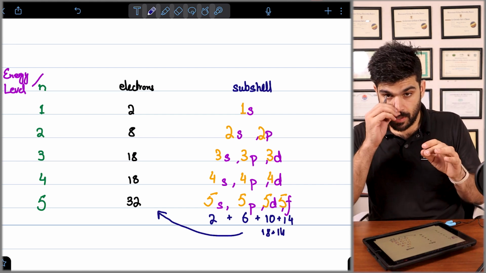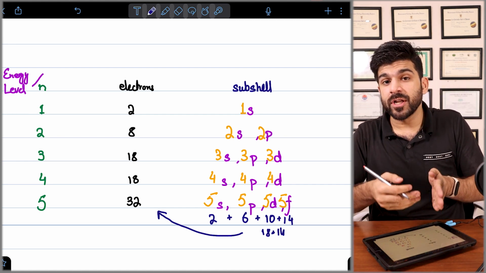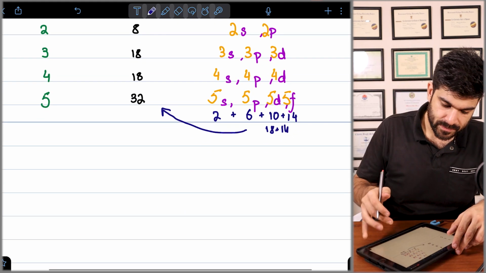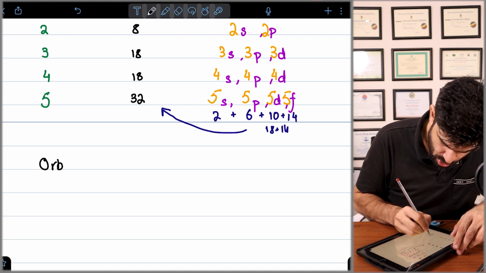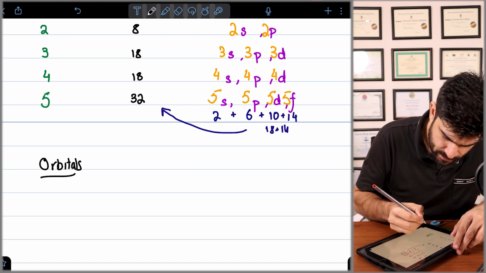But subshells are further divided into orbitals. So the next concept is orbitals.